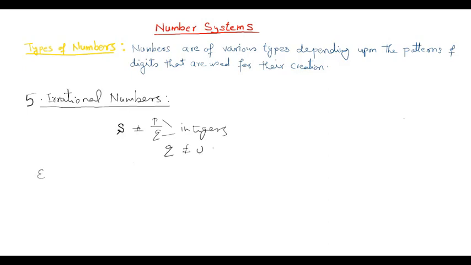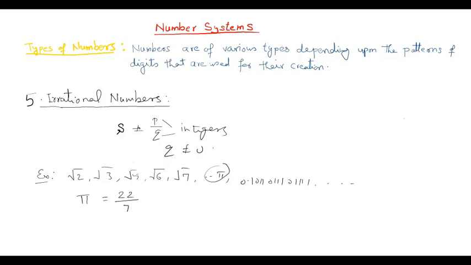Examples of irrational numbers are square root of 2, square root of 3, and so on. Till now we have studied pi is equal to 22 by 7, but the actual value of pi is not equal to 22 by 7. 22 by 7 is a rational number, but pi is not. So pi is always an irrational number.